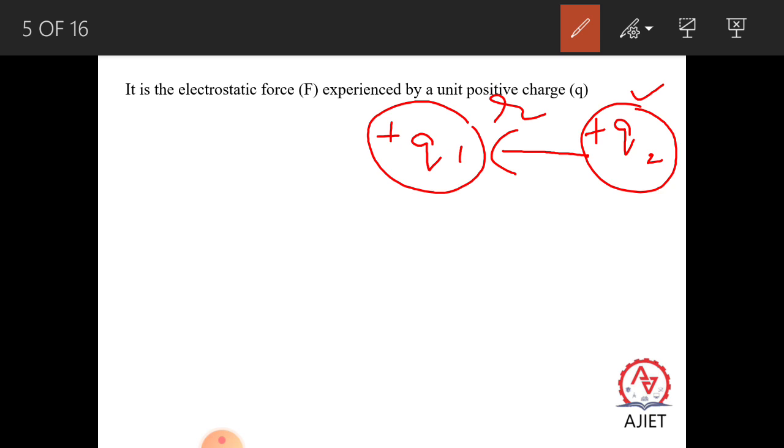If Q1 is negative, our test charge will undergo a force of attraction. So Q2 is called the test charge, whereas Q1 is called the source charge. The force experienced by this charge gives you the electric field of Q1.